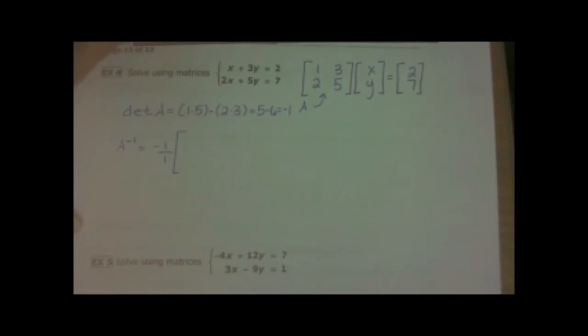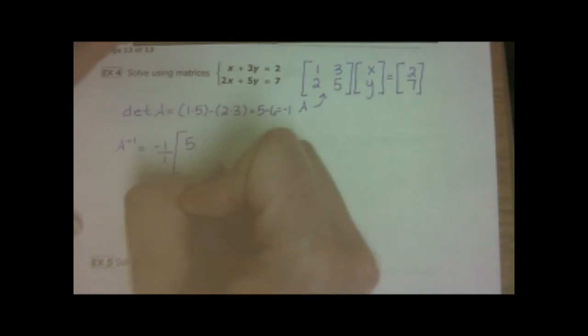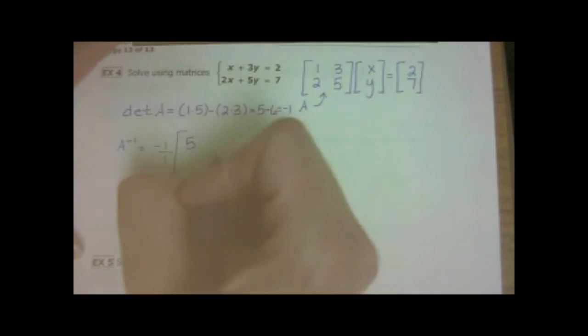So A inverse is -1 over 1 times, switch the 1 and the 5. So the 5 is here, the 1 is here. The 2 and the 3 just change signs. So this is -3, this is -2.